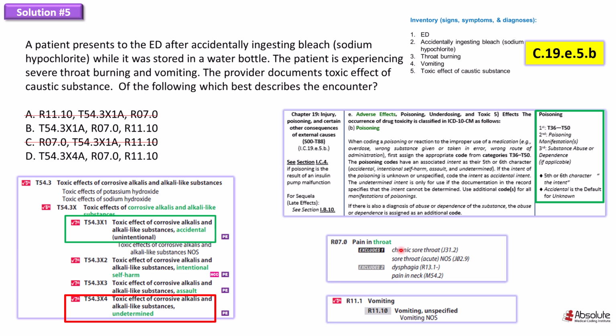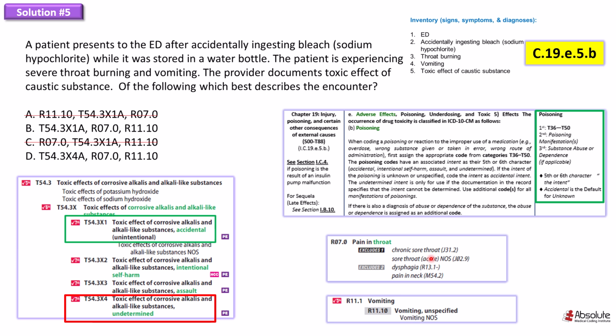Now let's continue and do our due diligence. We've got pain in the throat, R07.0, and vomiting, R11.10. Now, coders, I mentioned earlier that the way we document or inventory is a little different when you're coding for poisonings and adverse effects. The reason is, as you can see here, these signs and symptoms are often the manifestations, or they can be.